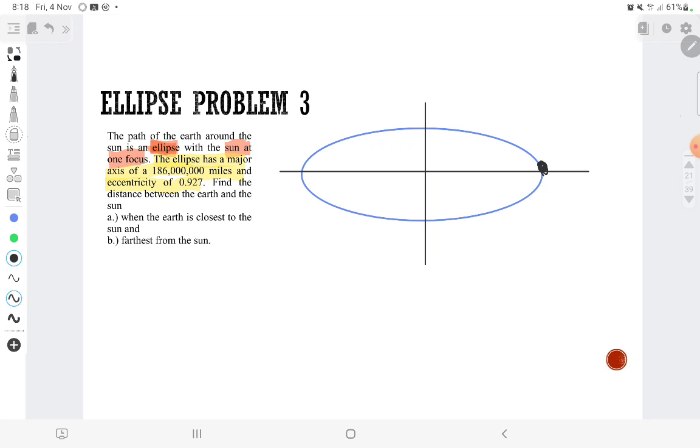Let's call this our Earth, any point on the ellipse, because this is the path of our Earth. We consider one focus of the path as the Sun, which is our constant point. So I will put the Sun here.